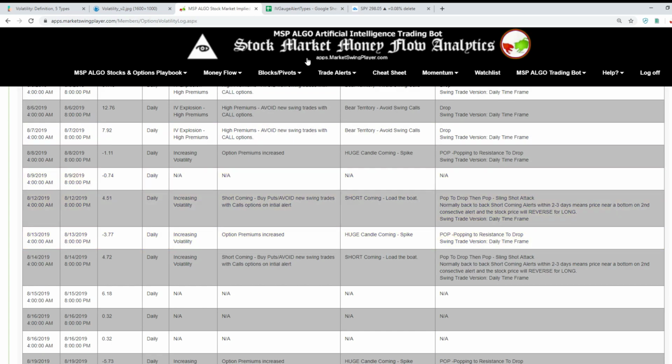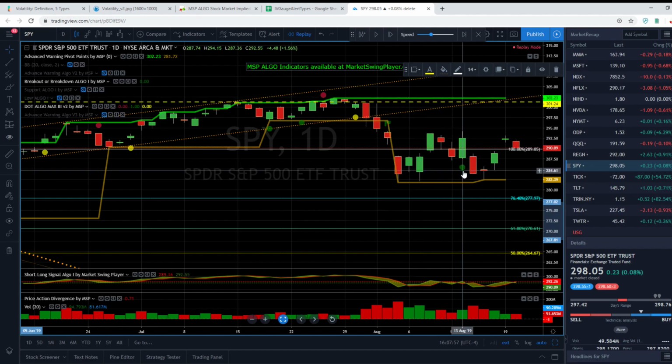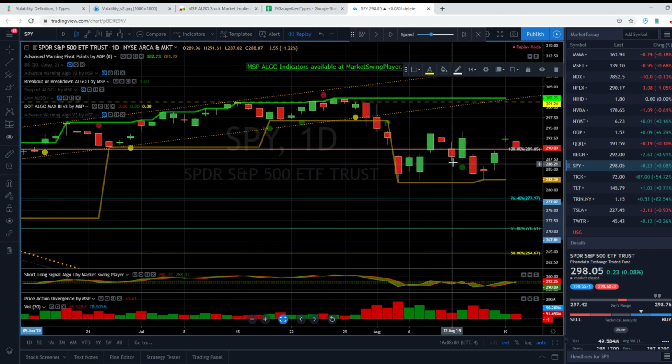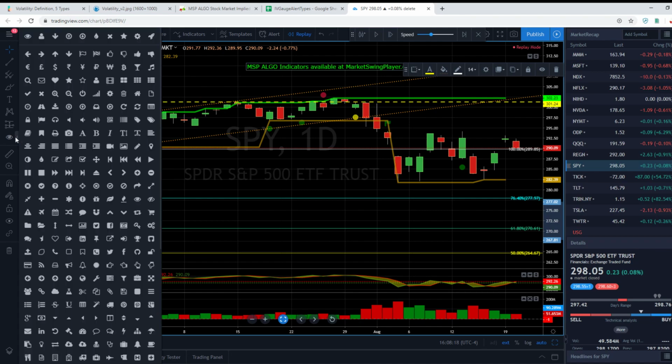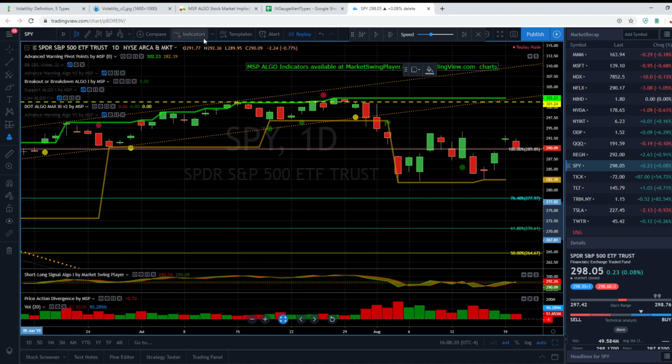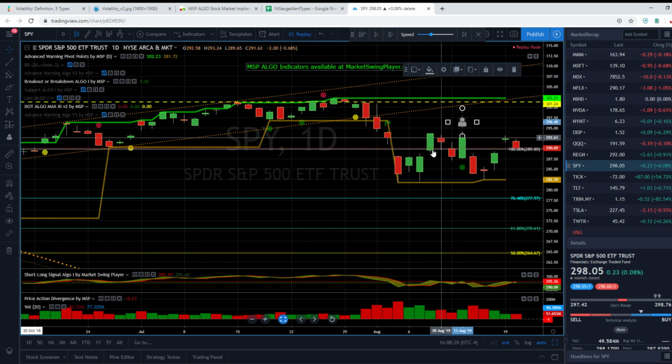So that was on the 12th. It said expected price to pop, right? So we could have gone long for that pop if we wanted to, or we could just wait. It said load the boat, so we did, because we looked at SPY and realized it was bearish, and we looked at our implied volatility gauge, and it was agreeing, and everything was good.